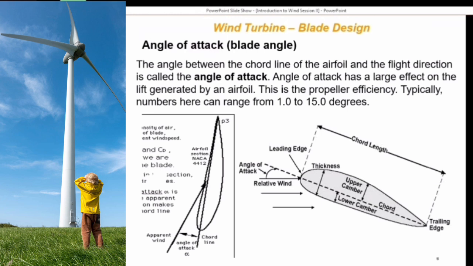And the angle of attack has a large effect on the lift, to lift upward. And the more it goes upward, the more, of course, it will easily rotate.